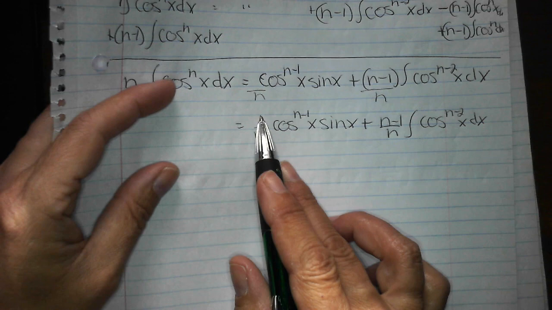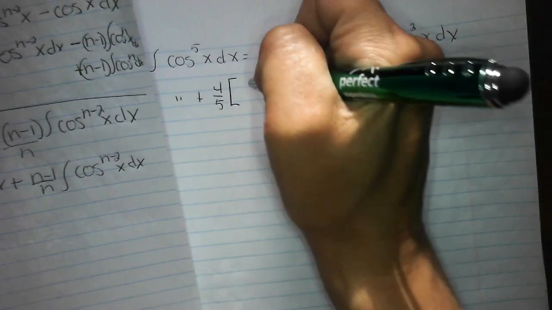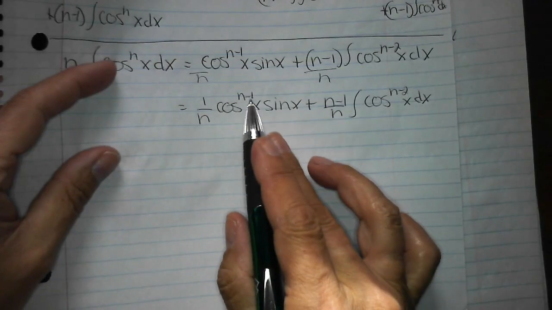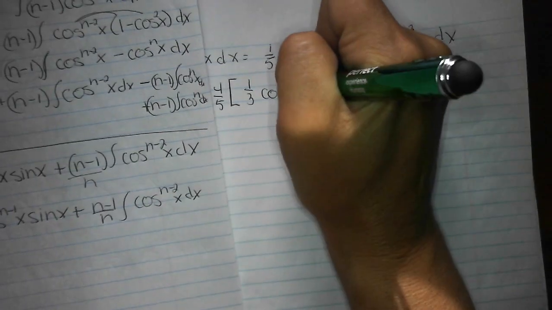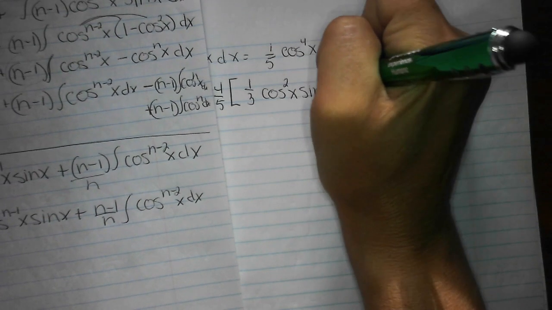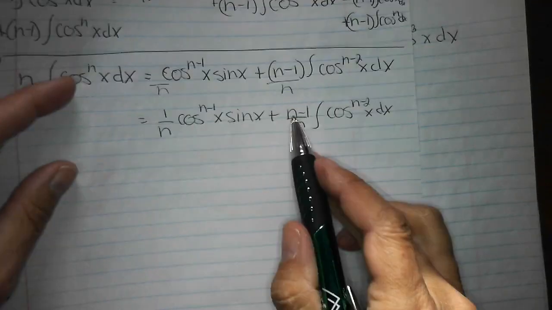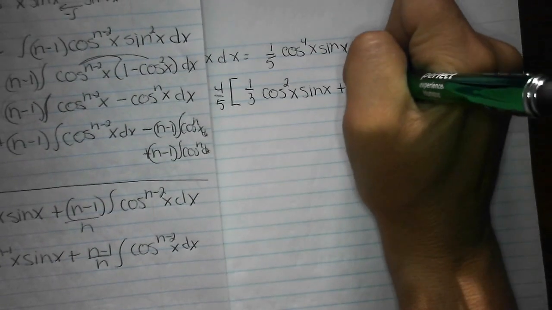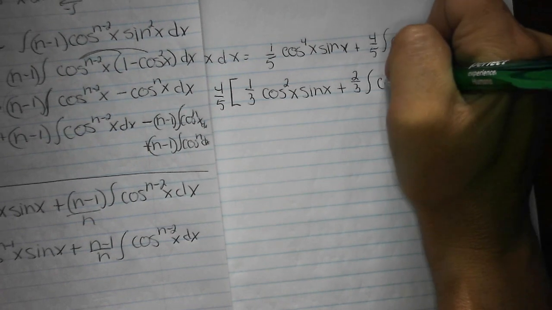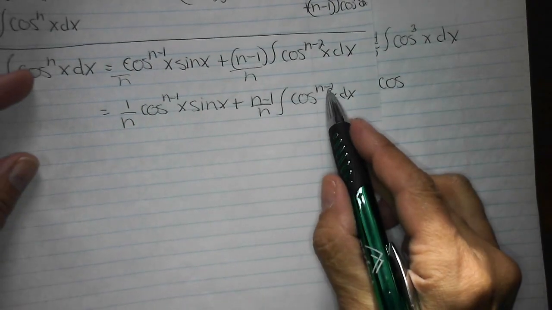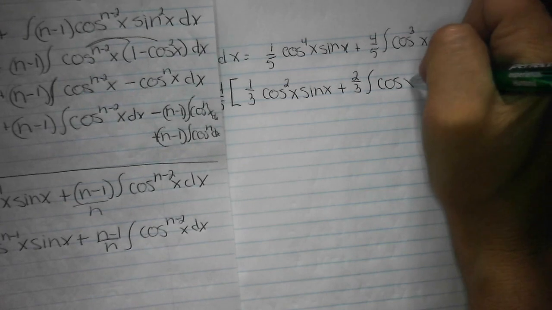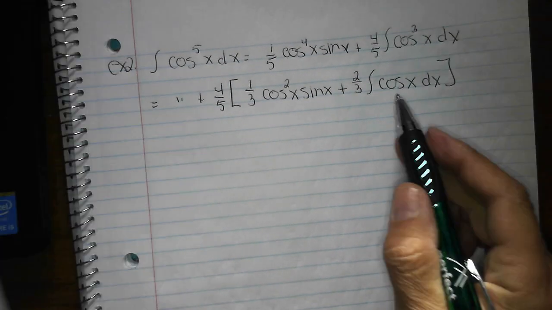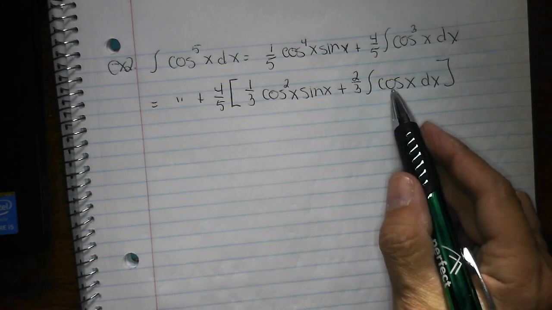So it starts out 1 over 3 cosine, 3 minus 1 is 2, sine x plus 3 minus 1 is 2 thirds. Integral of cosine 3 minus 2 is 1. I still have an integral, but now it's down to something where I don't need a reduction formula.